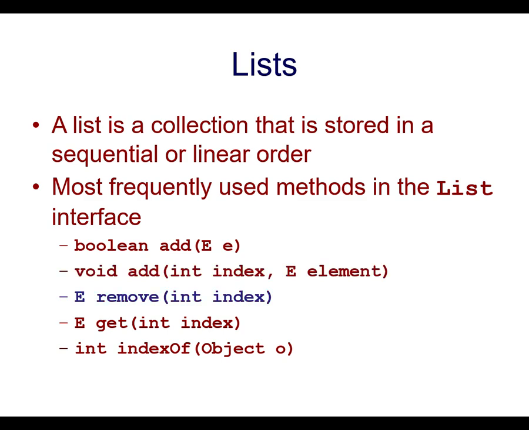The remove method removes the element at position index and returns the element that it removes. The get method returns the element at position index without removing it. The indexOf method returns the first occurrence of the element passed to it as a parameter. It returns a -1 if that element is not in the list.